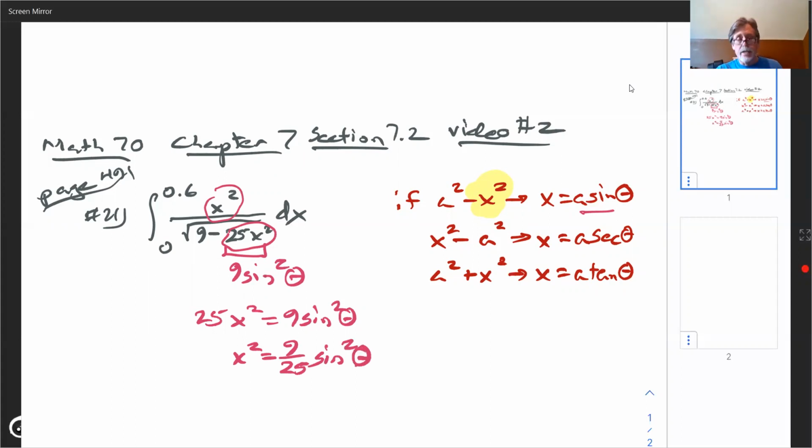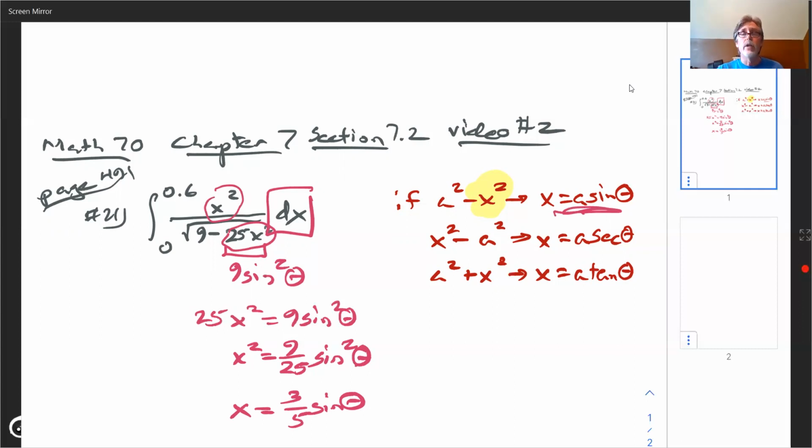So that'll take care of the x squared above, and the last thing to deal with is the dx. And that means what I'll do for that is I'll write x is, square rooting everything, 3/5 sine theta. And by the way, if you factored out the 25 and did it that way, you'd end up with this formula up here.